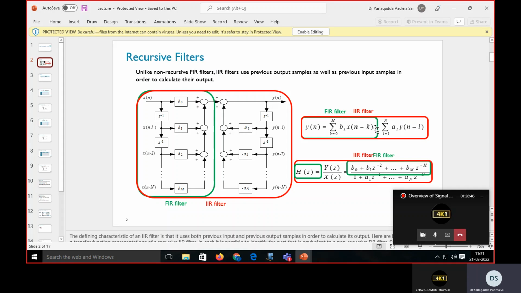In the case of FIR, only b k exists. In the case of IIR, both exist. This summation is 0 in the case of an FIR filter. It is nicely explained in this slide, so I am considering these slides.